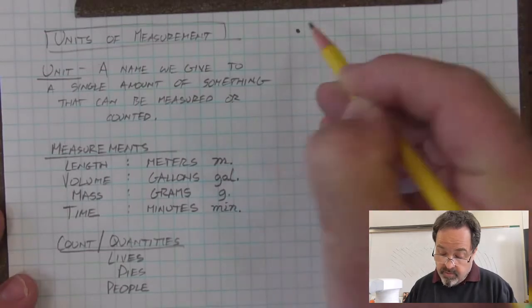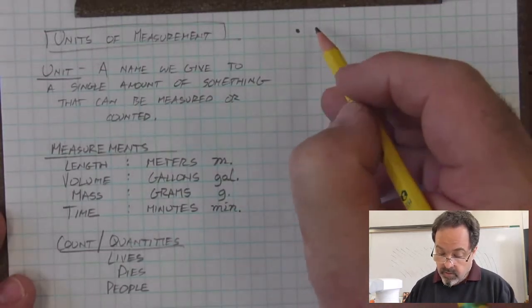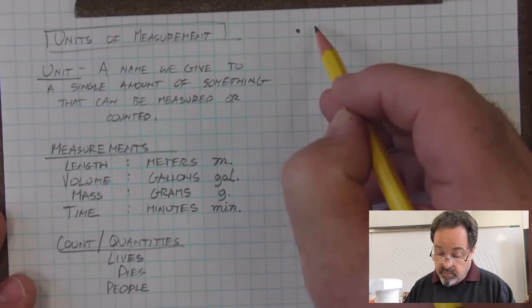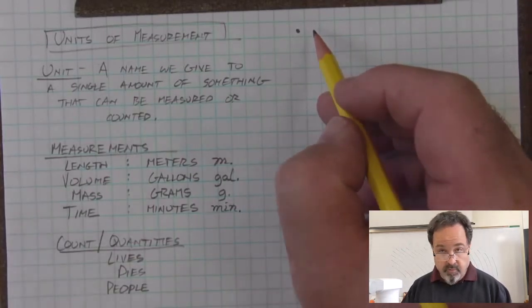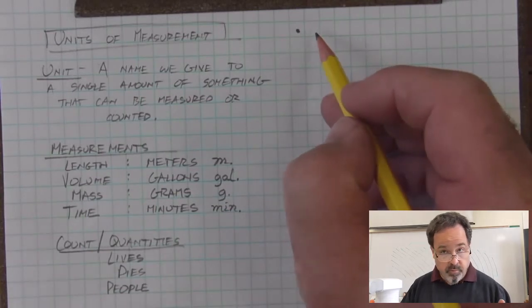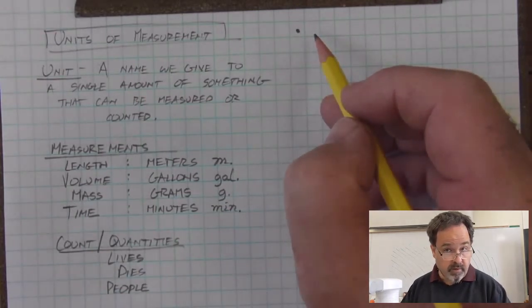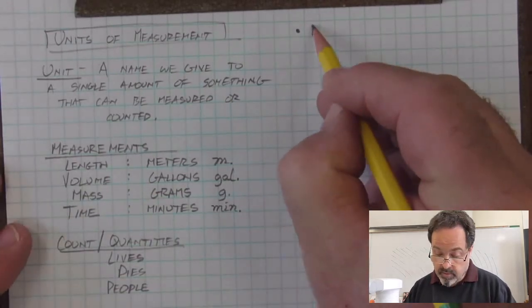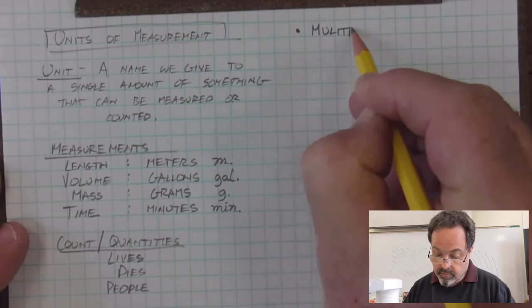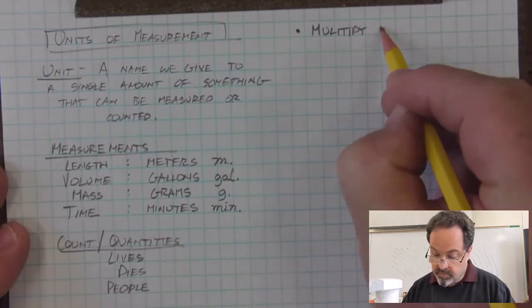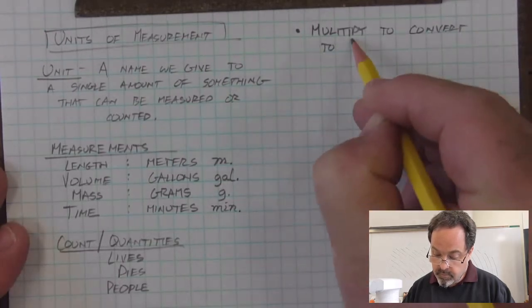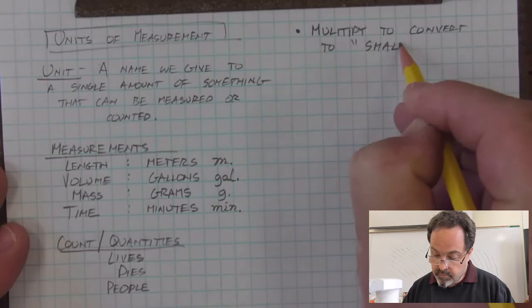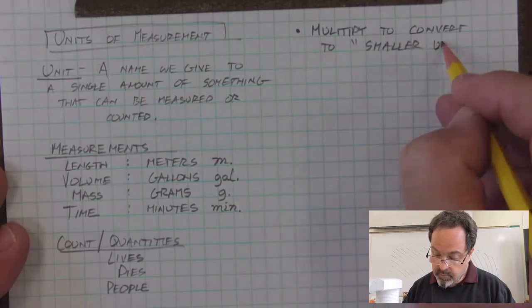Converting units is a common thing to do. Some conversions are simplistic. One conversion, when we have a larger unit and we want to convert it to a smaller unit, like converting years into the smaller units of days, we can multiply. We can multiply to convert to smaller units.